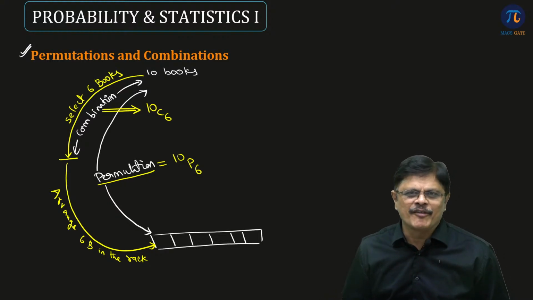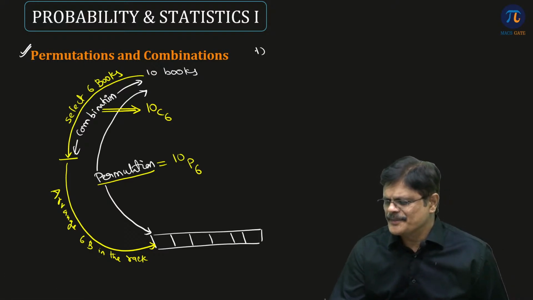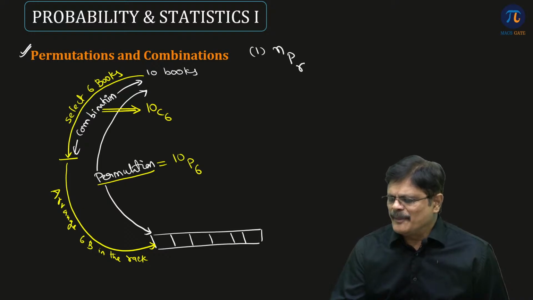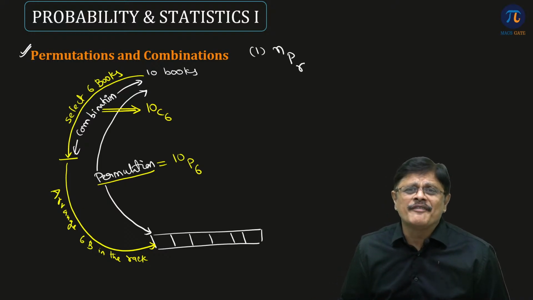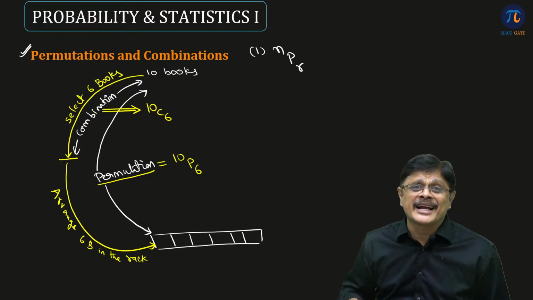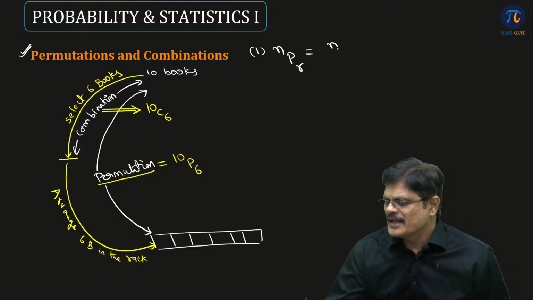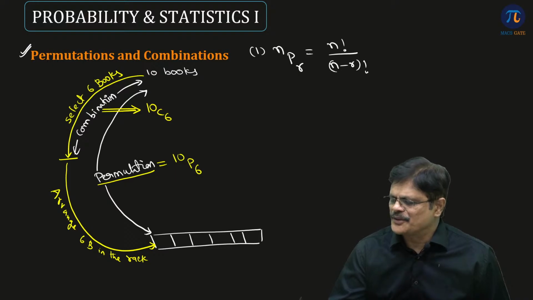Of course, we have formulas for permutations and combinations, sir. So the basic formula is like this. Suppose you have n objects. nPr denotes r permutation of n objects, that is, r arrangement of n objects, and that is given by the formula n factorial by (n minus r) factorial.